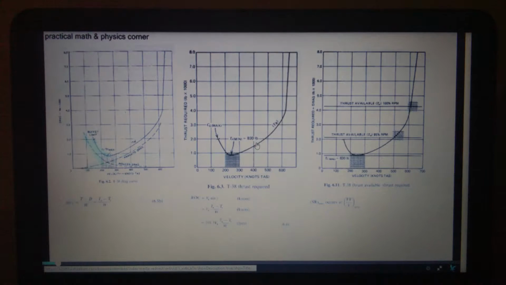Then it goes into a minimum at a certain speed, which is the intersection point of parasite and induced drag, and from there it increases again to the faster speed, where the main influence is the parasite drag, and the induced drag becomes less and less of a factor in our total drag curve. So that's the general drag curve.